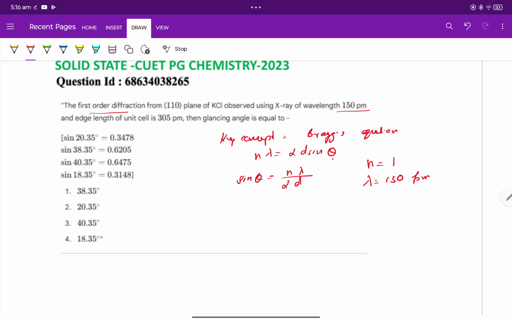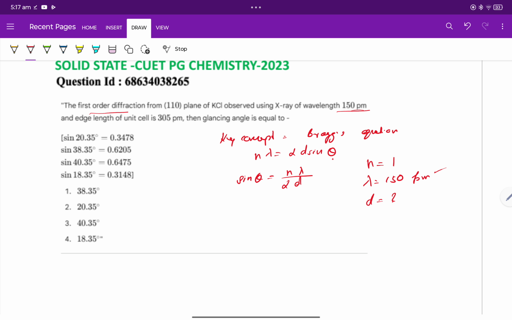Whenever you are using this type of problems, you check the units given. If the wavelength and the unit cell dimension are both in picometer, you don't have to change it into meters, so you can use the 150 picometer itself. Now you have to substitute for d, but d you are not given.